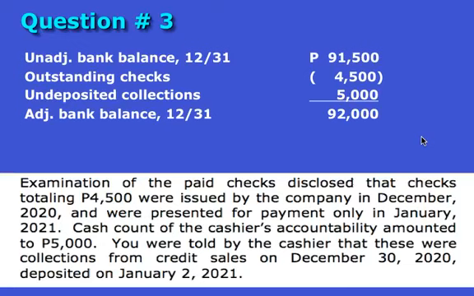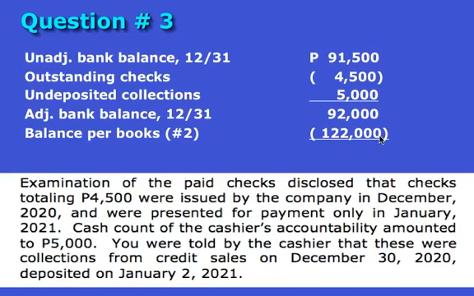Pero as noted in number 2, based on the available information, ito yung should be. So, dapat 122 ha. Nung i-check sa bangko, 92 lang. What happened to the difference? Unexplained. So, the difference is what? The estimated shortage.